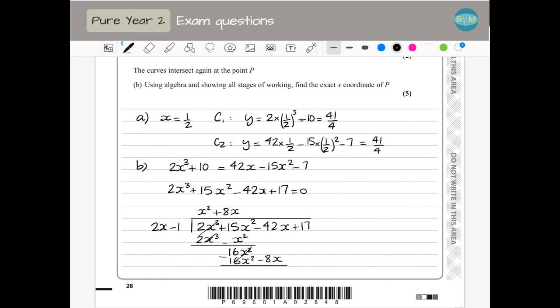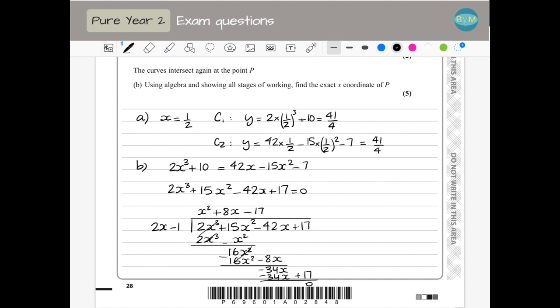These two are gone. When I subtract, minus 42 minus 8 is minus 34x. And this one is minus 17, minus 34x plus 17. And when I subtract, it is 0.